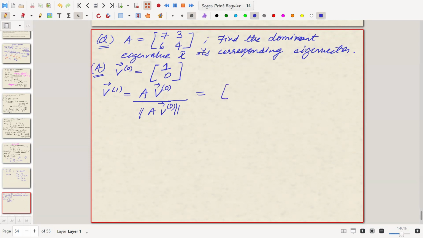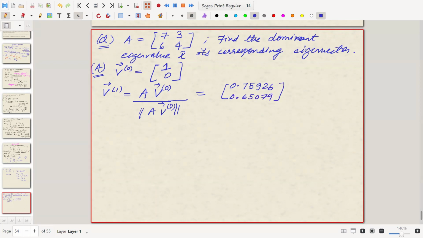Can you tell me? Tell me in decimal numbers. Okay, 0.75926, then the next component.